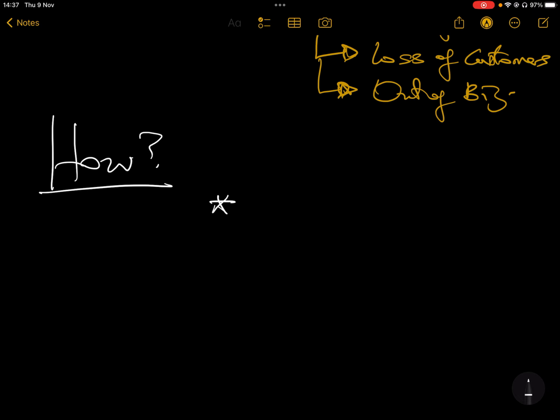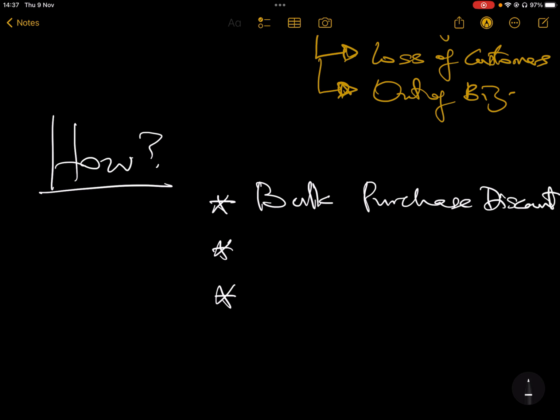There are three major methods that you can use to manage your inventory. The first one is bulk purchase discount. I'll explain each of these individually. The second approach is to use economic order quantity. That's another model you can use.